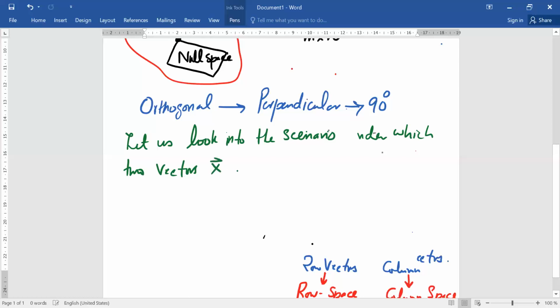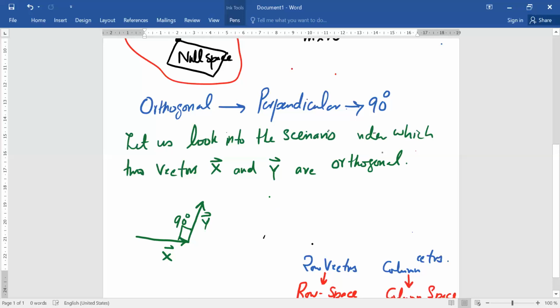One vector is x and the other vector is y. Under which conditions are these two vectors orthogonal? So one vector will be this, let's call it x, and the other vector will be perpendicular to it. So this is the y. And the angle between them is this 90 degrees. So x and y are perpendicular.